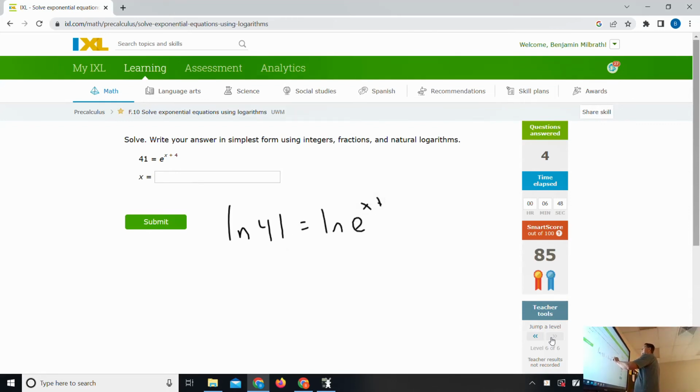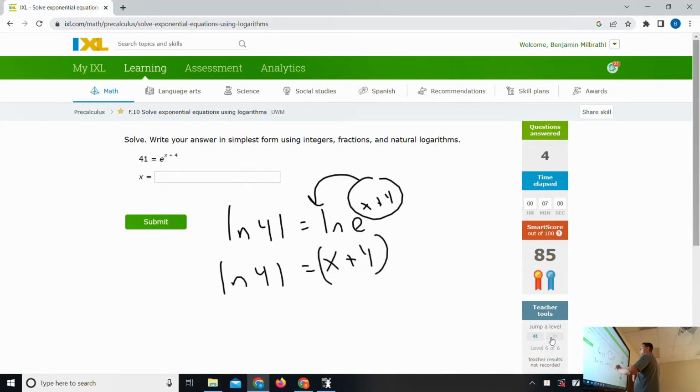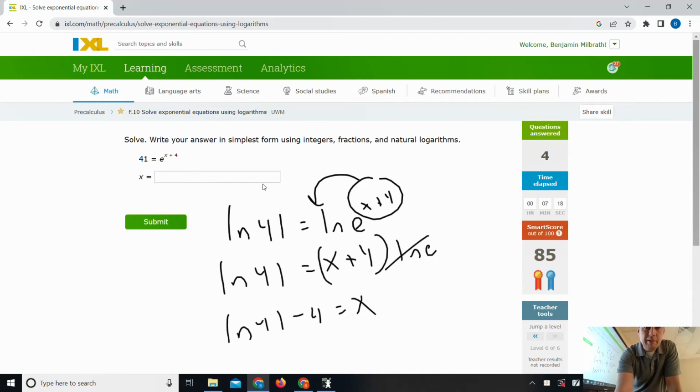No, it's easy because it's about 8. I'm just tired. The whole exponent drops out front. That's times the natural log of e, which by the way is always 1. So it's gone. And we just need to subtract 4 from x. And this thing is done. That's your answer. Natural log of 41 minus 4. So it wasn't bad. I mean, it's almost midnight and I can still do it.